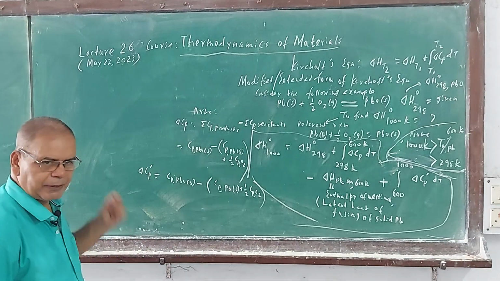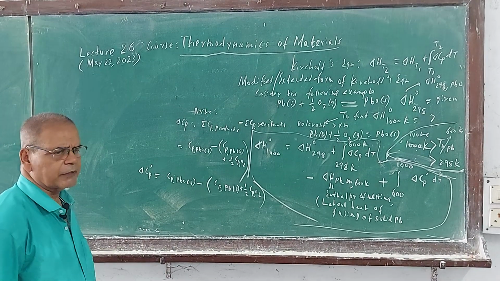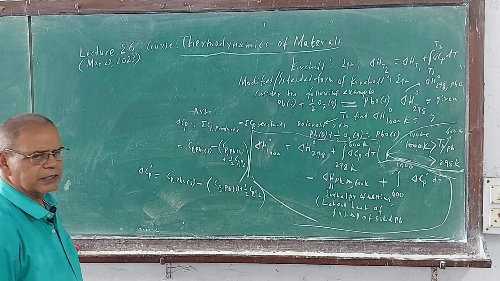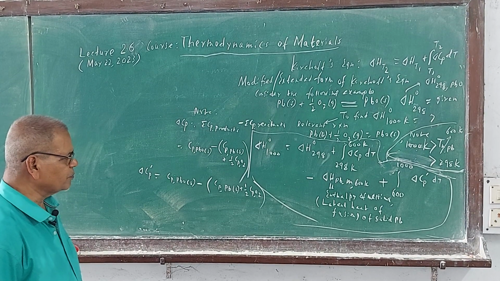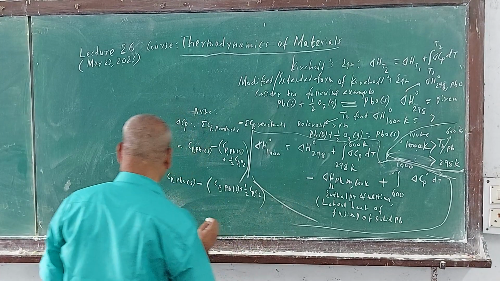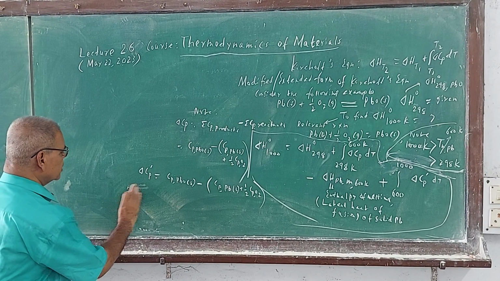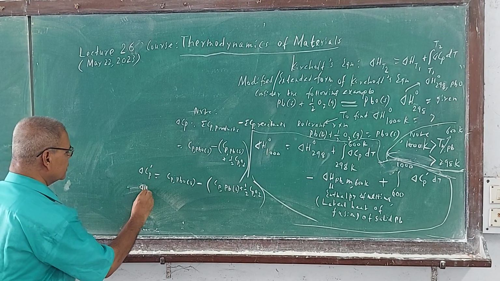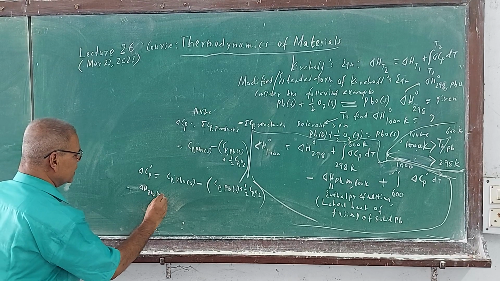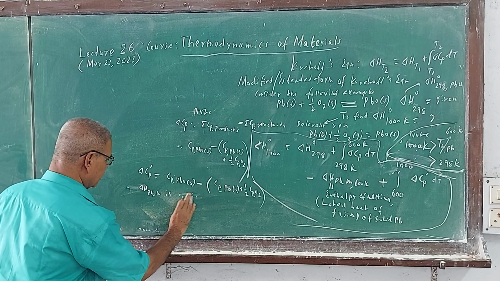Two things here I have clarified. Another thing I will clarify. What is the next thing? Delta Cp prime. What else? Oh yes, minus. This is minus. Why minus? Delta H of melting is given a negative sign.